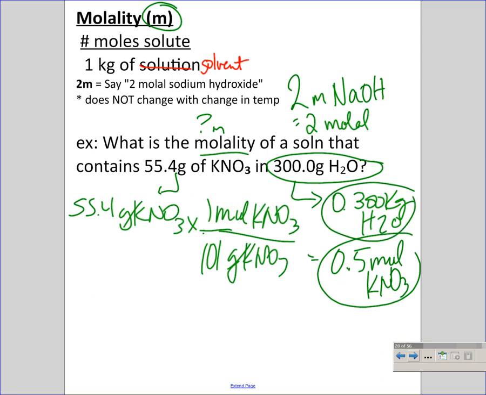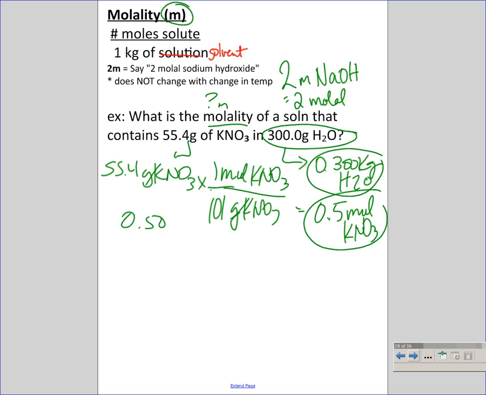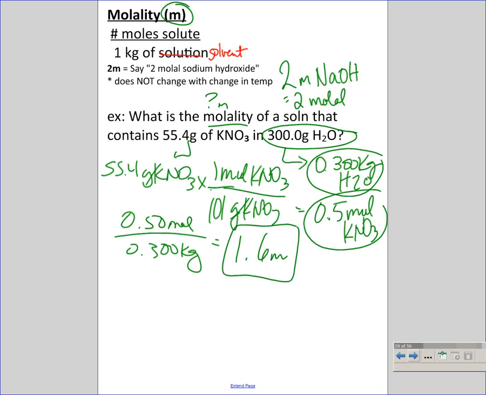So all you're going to do is literally just plug it in: 0.50 moles per 0.3 kilograms to give me 1.6. If you have a certain number of moles, it's always written as per 1 kilogram.